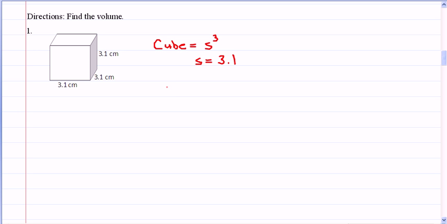So I have my variable identified. I go to my volume formula of s cubed, and I substitute 3.1 in for s. So 3.1 cubed is the same as 3.1 times 3.1 times 3.1.